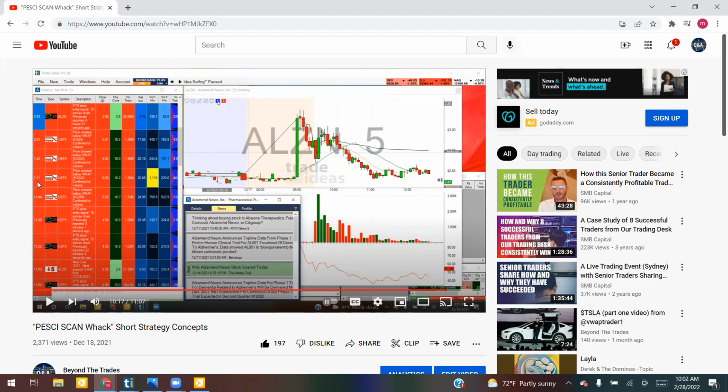You might be trading one of your own strategies and come across a chart that has a VWAP way above the 9 EMA and the 9 EMA way above the 20 SMA. And you might say to yourself, that's an Algo Blessing Pesci strategy concept. Let me go take a look at it. You might consider taking this trade throughout any portion of the day if the criteria holds up.